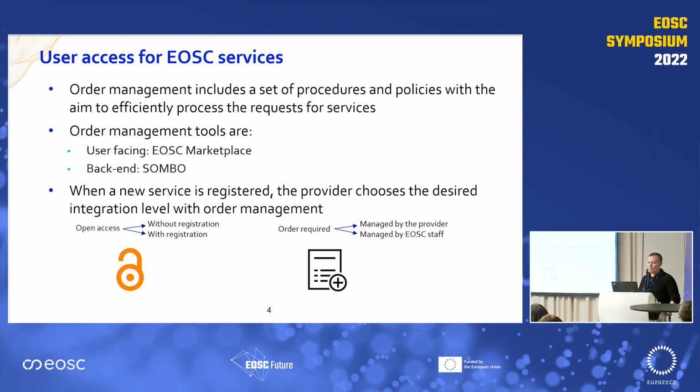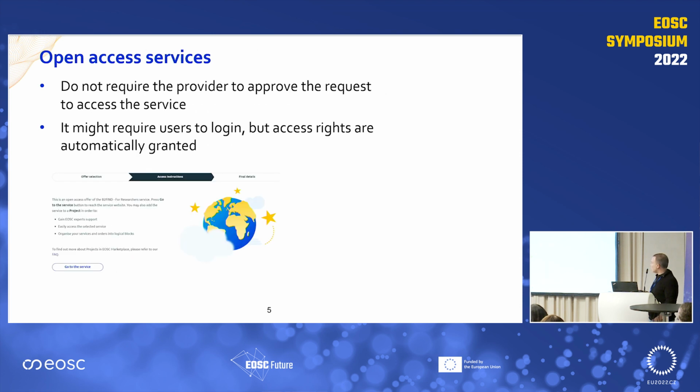There could be a registration in place, but still no ordering or orderable processes. Otherwise, orders are required, and these split again into orders managed by the provider and orders managed by the EOSC staff at the first stage. Later, anyway, the provider should provide the services. So I will start with the open access services.